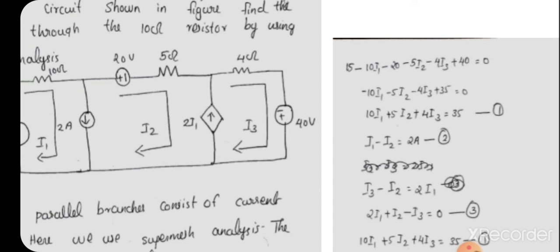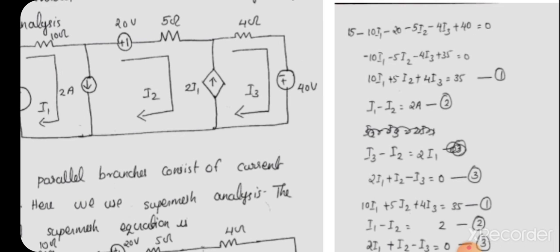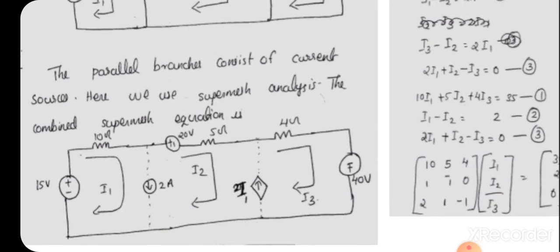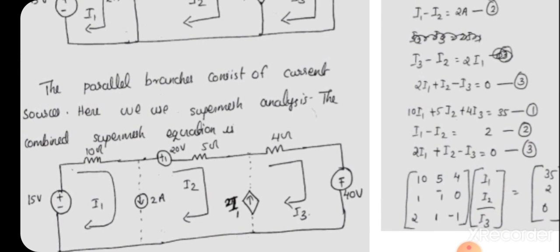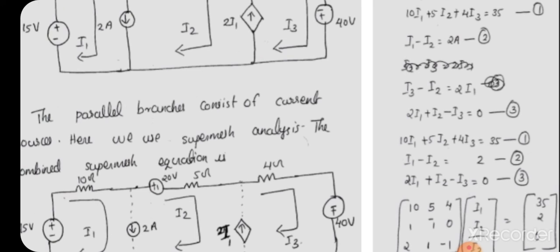So we got three equations: I1 minus I2 equal to 2 ampere, and I3 minus I2 equal to 2 I1. The last equation, I3 minus I2 equal to 2 I1, can be rearranged, and we will get 2 I1 plus I2 minus I3 equal to 0.